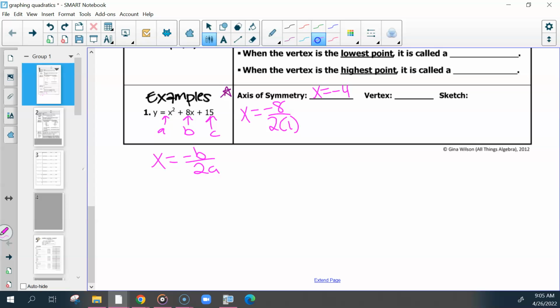So we could do this by hand. We're just going to use our calculator, but we have to set it up first. When you set this up, you're going to start with your equation, y equals, and it's like you're evaluating, but with your axis of symmetry. So -4 squared, put this value of x in for all of your x's, plus 8 times -4 plus 15.